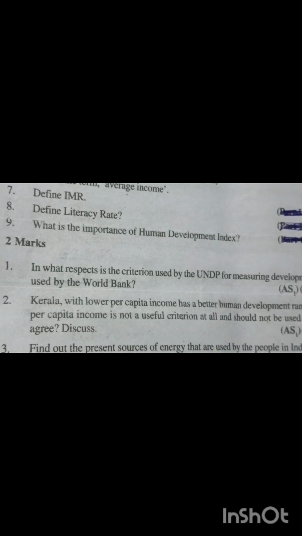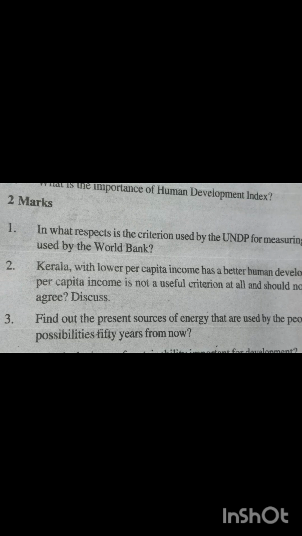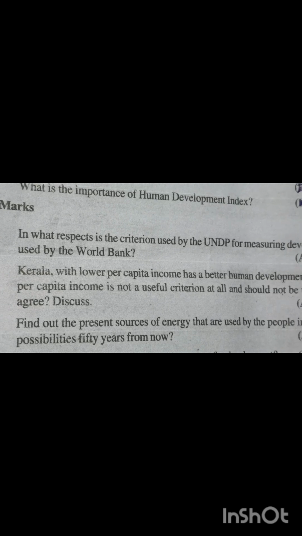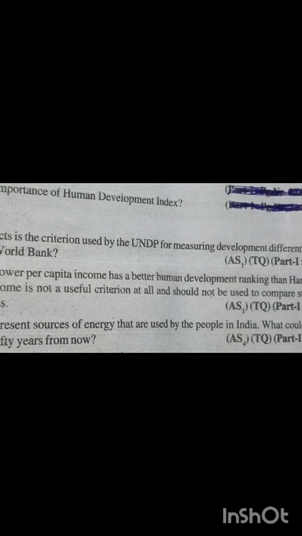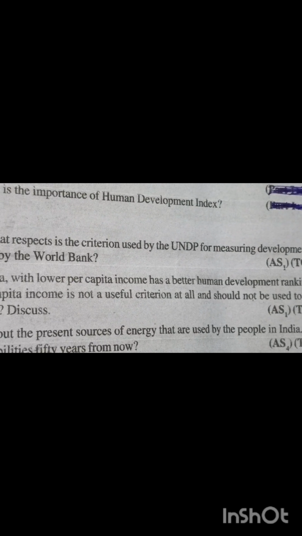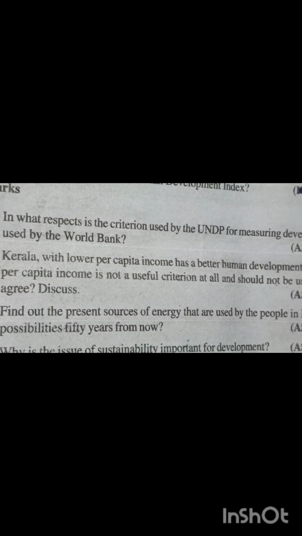Now the 2 marks questions. In what respect is the criterion used by the UNDP for measuring development different from the one used by the World Bank?